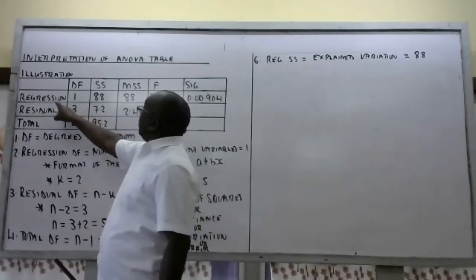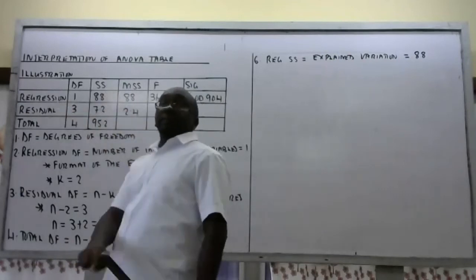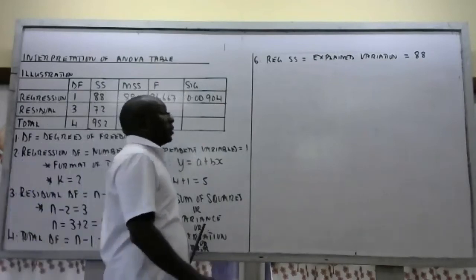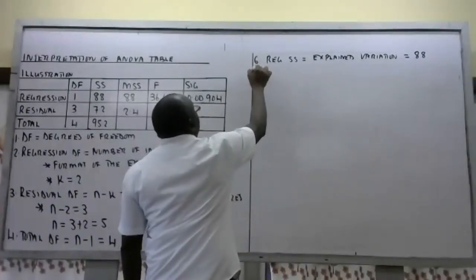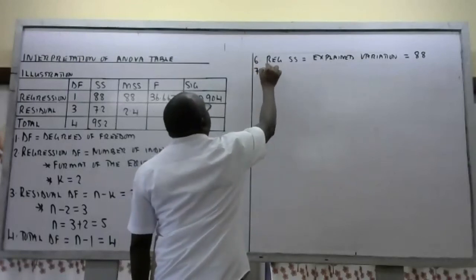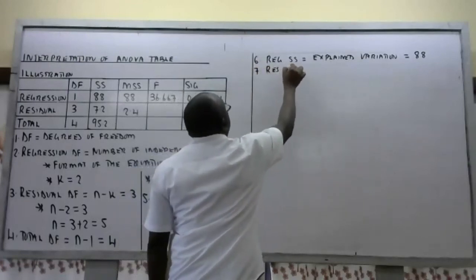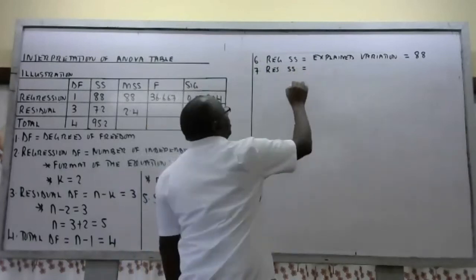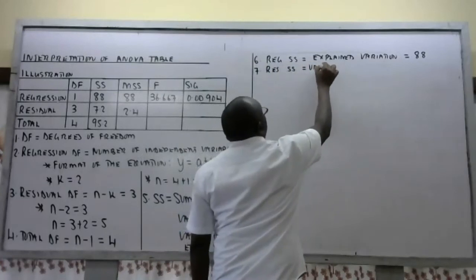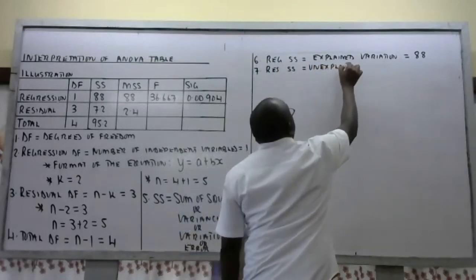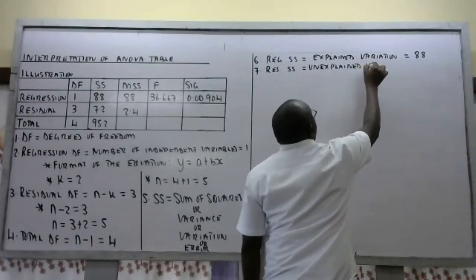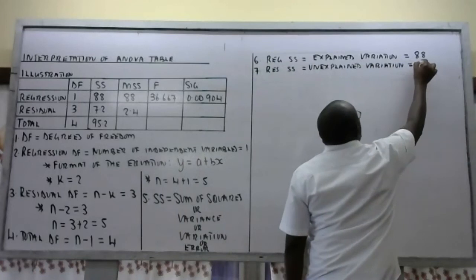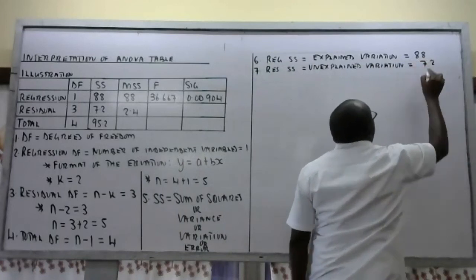Then point number 7 is residual SS. Residual SS is what we have been calling unexplained variation, which is 7.2.